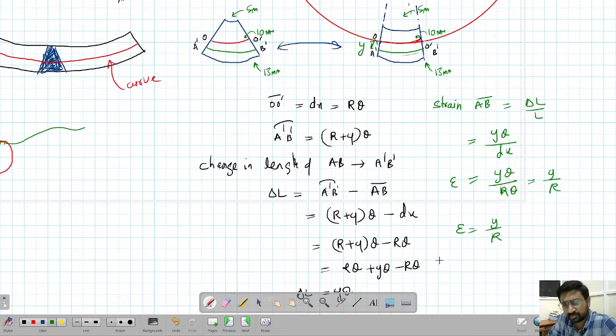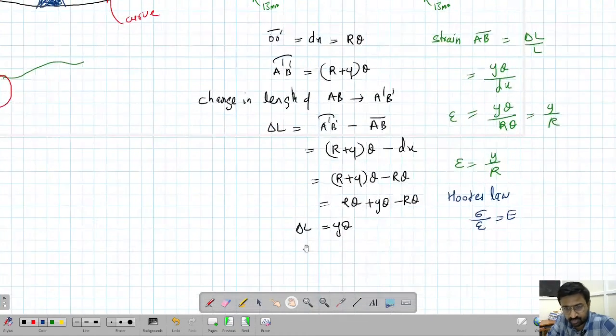Now Hooke's law. By Hooke's law, we know that stress upon strain equal to Young's modulus. Okay, so that means strain equal to stress upon Young's modulus. So I'll substitute it back here. So stress upon Young's modulus is equal to y by r.